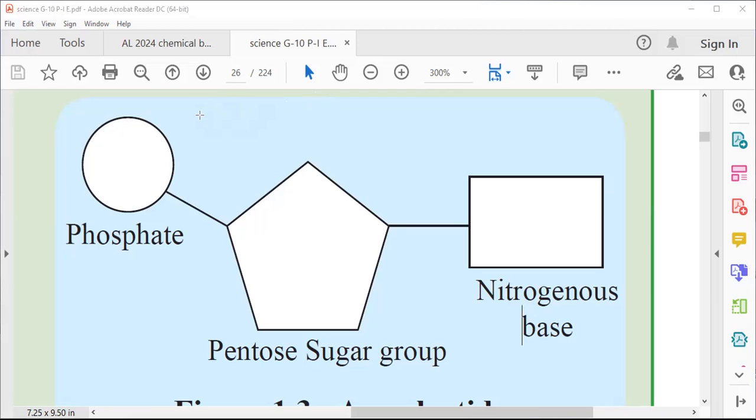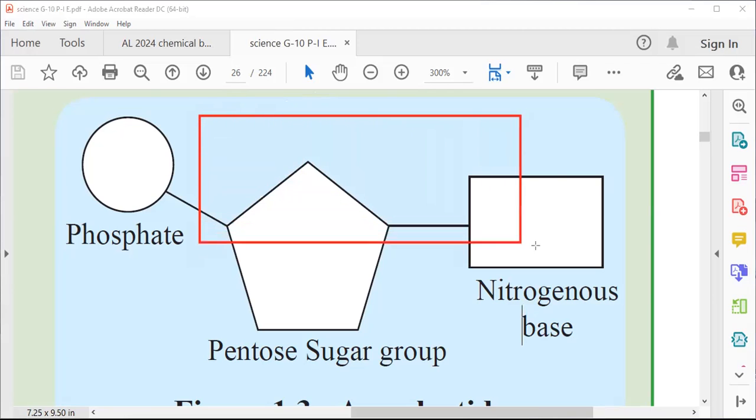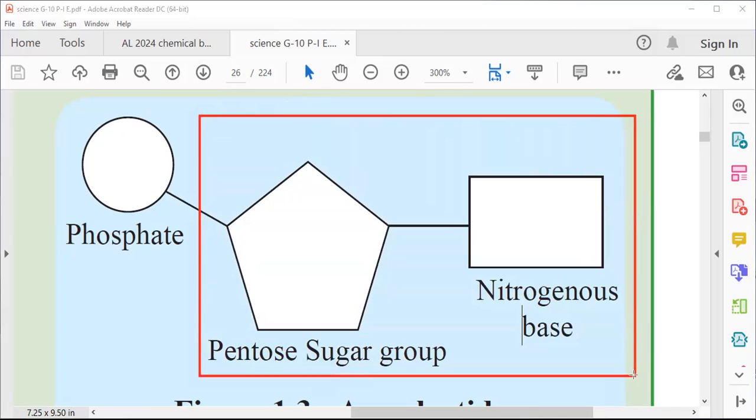Nucleotide. In this nucleotide, if you take this part alone, what is it? Nucleoside. Clear? Clear, sir. I want you to draw this diagram and put a circle and mark that is nucleoside. Can you do it? Okay, sir.